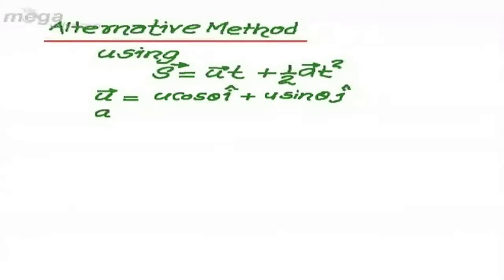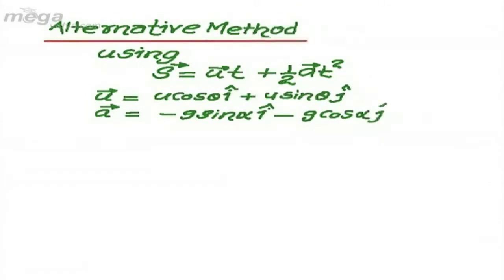Acceleration vector a can be written as minus g sin alpha i cap minus g cos alpha j cap.